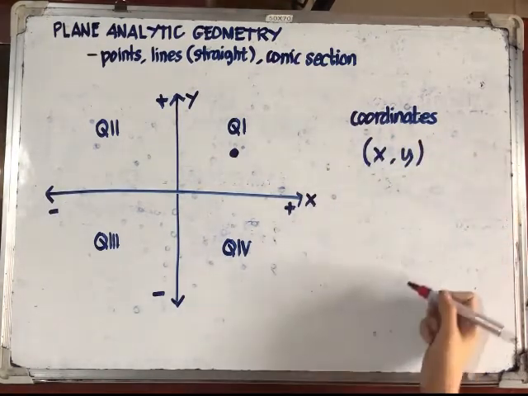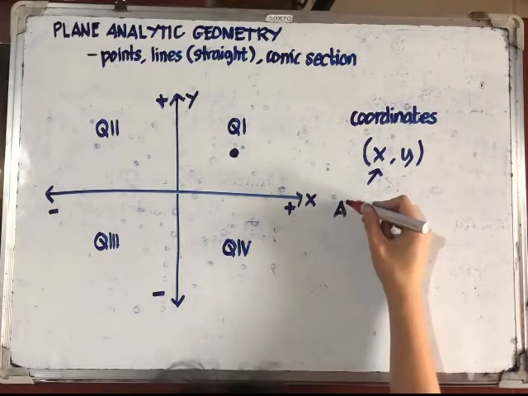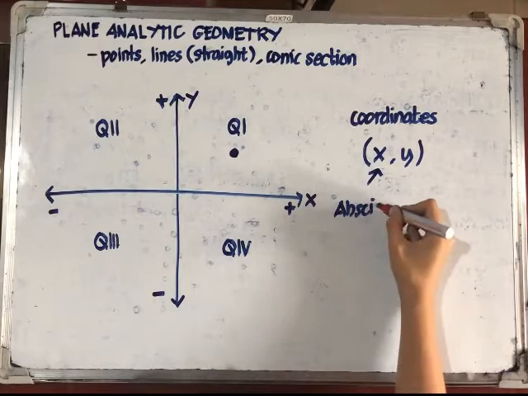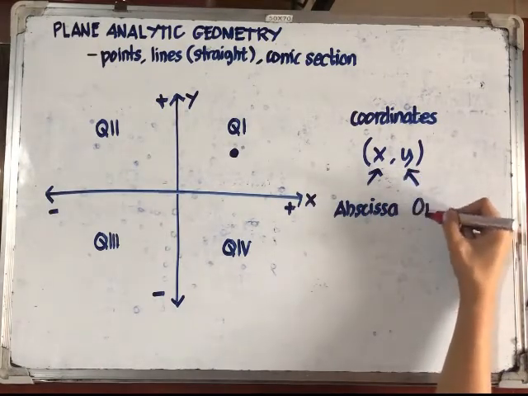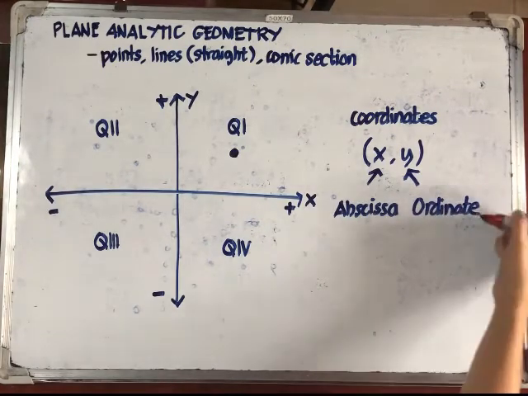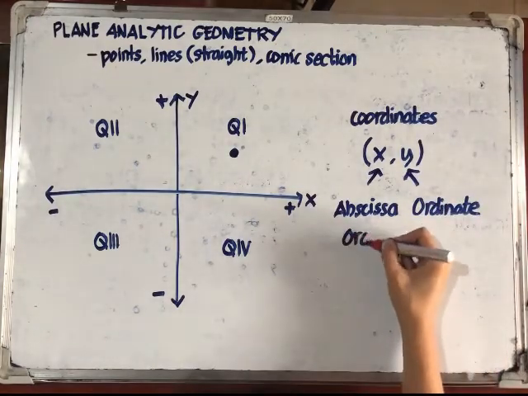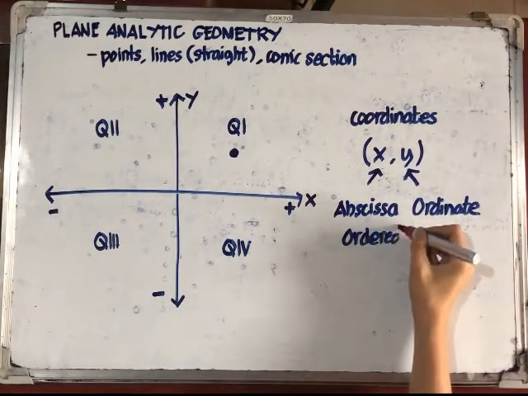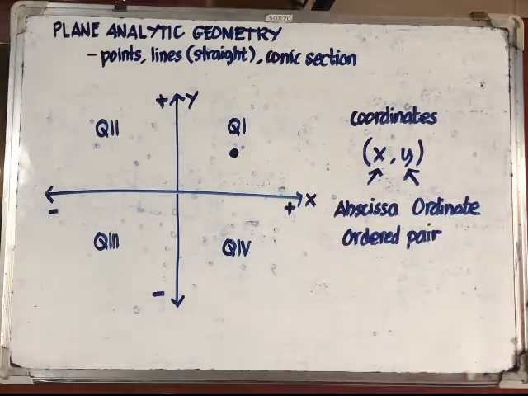So the x coordinate is called your abscissa, and your y coordinate is called the ordinate. We sometimes call this the ordered pair. We use these coordinates, or the ordered pair, in identifying and locating the point.